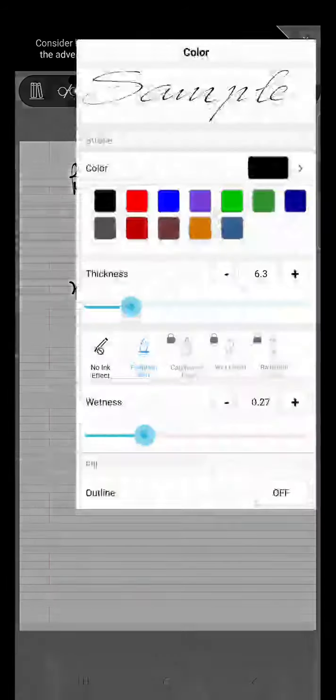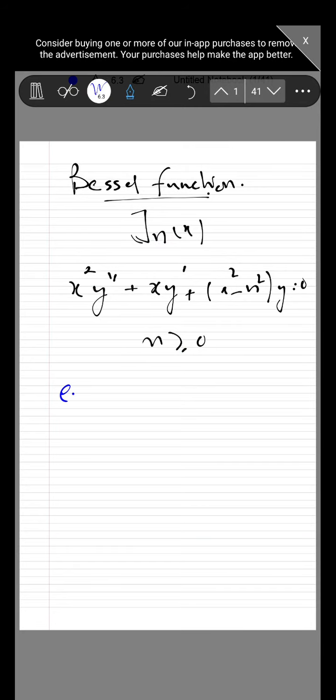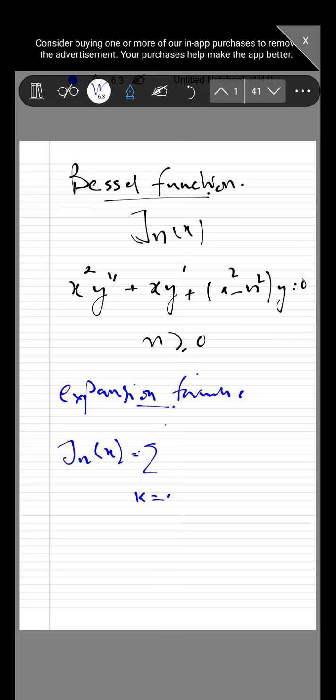The expansion formula for Bessel is J_n(x) is equal to summation k is equal to 0 to infinity of (minus 1) to the power k (x by 2) to the power (2k plus n) divided by k factorial into gamma (k plus 1 plus n).